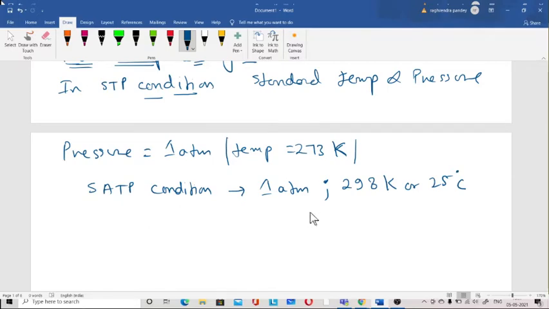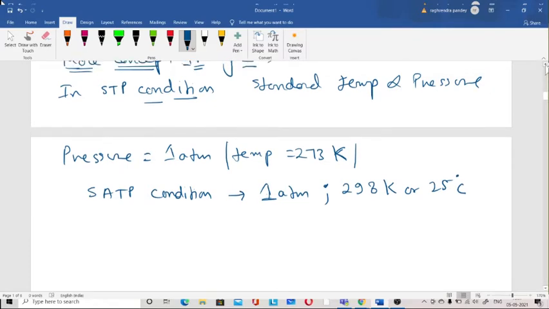Now European STP and American STP are different. Sometimes, if you are in the Oxford board, or another board, that is your American board, I forgot the name, IB or what is there? These books have different STP conditions, so people get confused.